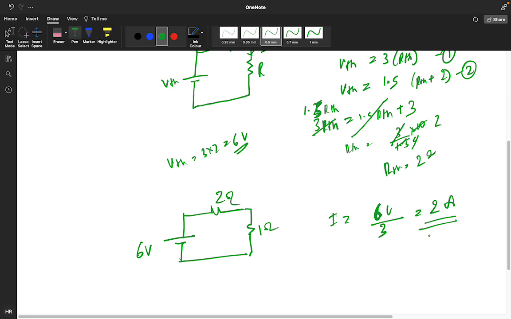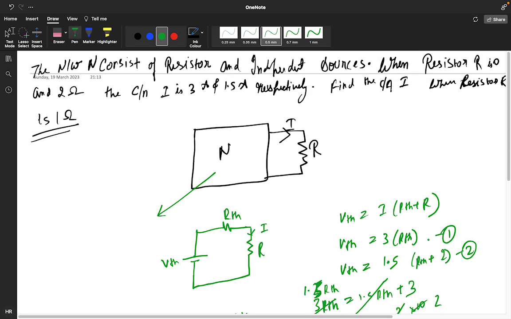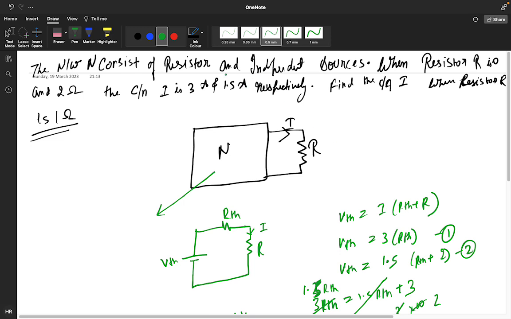Prasanna? One second. See, what I am telling, the network consists of a resistor and independent sources. So this is my network. In this network some resistors will be there like this, like this. So this can be replaced by one equivalent RTH and equivalent voltage VTH.